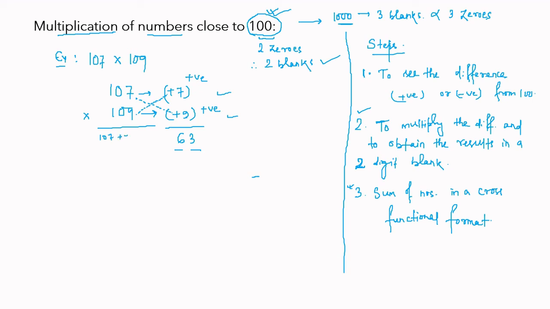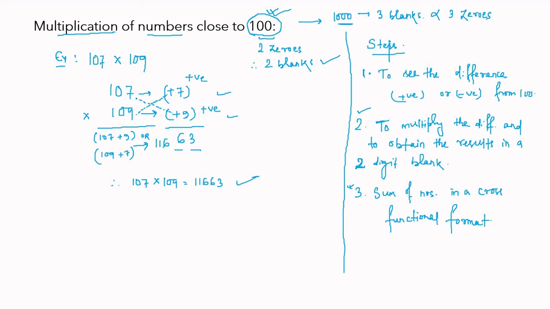So it will be 107 plus 9 or 109 plus 7. Nevertheless, the result in both cases will be 116. And we will write it as it is. So the result obtained is 11663. That's how it is solved. So you see, it's pretty easy.